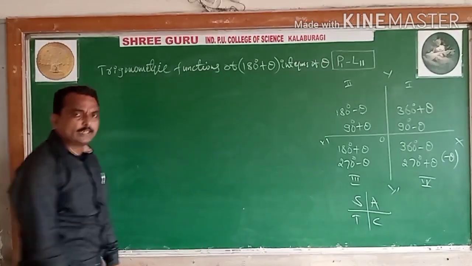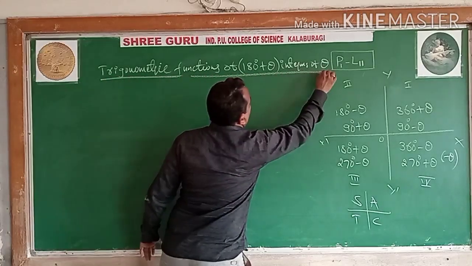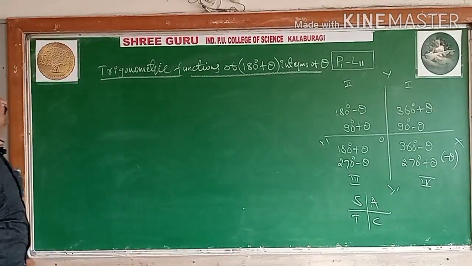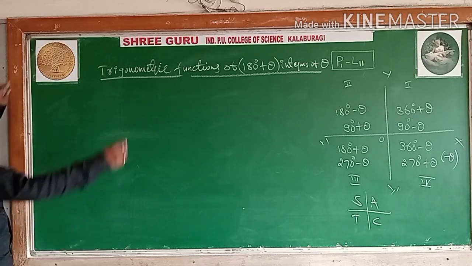Converting in terms of theta means converting in terms of a known angle, in terms of a standard angle. Trigonometric functions of 180 plus theta in terms of theta.